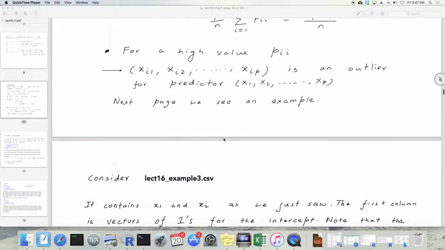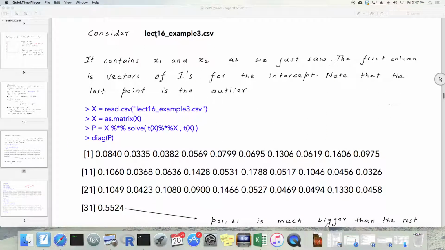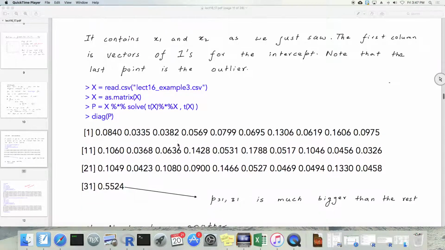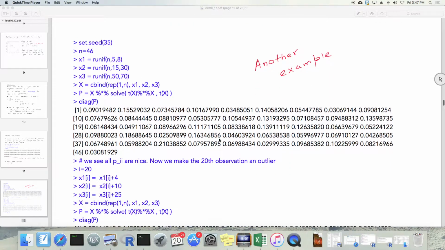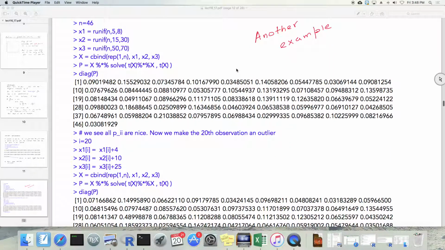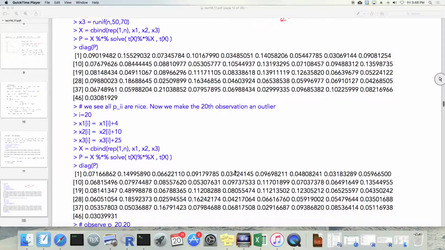Actually, we can see this if we open lecture 16 example 3.csv and form the proper X matrix, calculate the P matrix, and look at its diagonal. Then we see that P31,31 is much bigger than the rest. And we looked at another example where we see a similar thing.